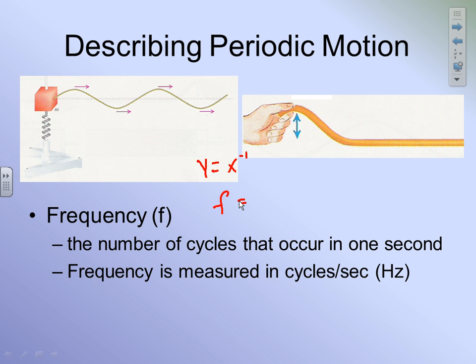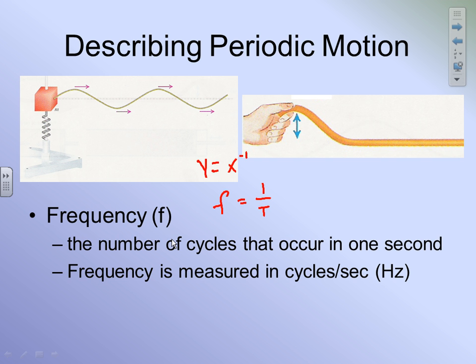F equals 1 over T. Because if the period gets bigger, where is period in this fraction? The denominator. If the period gets longer, if it takes longer, what happens to the frequency? It gets smaller, right?